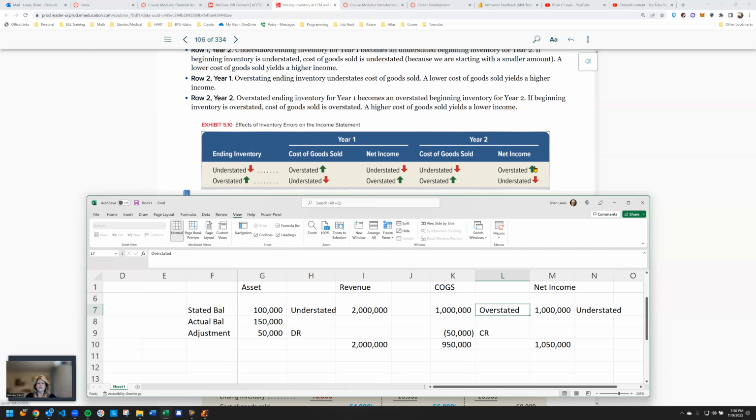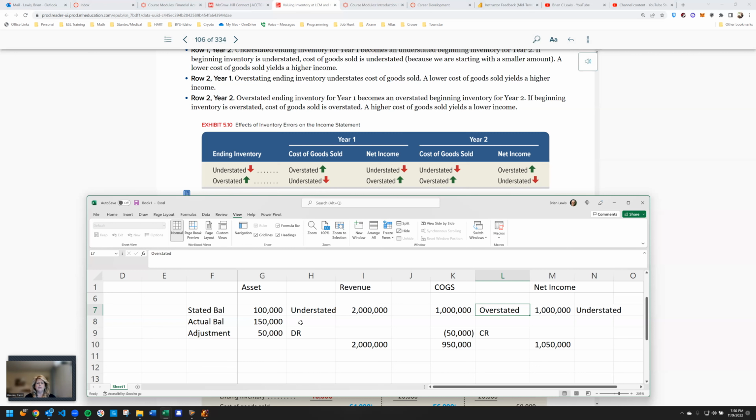And then when you get to year 3 in the book, it basically doesn't affect anything. Why is that? Because it's already gone past the timing difference. In year 3, it's caught up to the correct number, unless you make an adjustment.